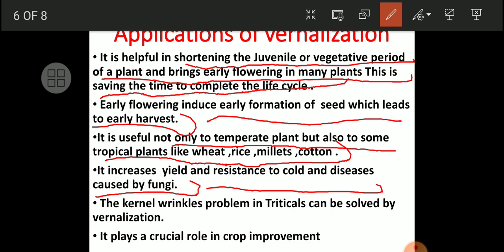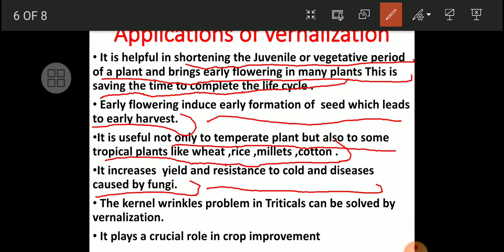Friends, as we know, suppose the specific period of flowering of the plant is the month of May, isn't it? And some fungi, some diseases, adverse factors are causing damage to the yield of that plant in the summer, or in May.